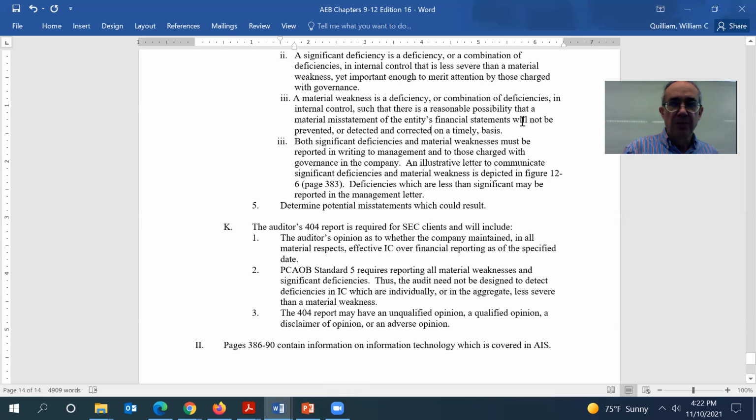Another comment here, something about that. So a material weakness, we're pretty sure that's going to affect the financial statements. By the way, here at Florida Southern, our auditors always go over the distinction between these 3 different types of problems. Guess what?